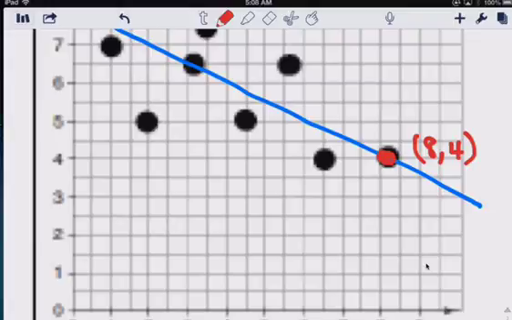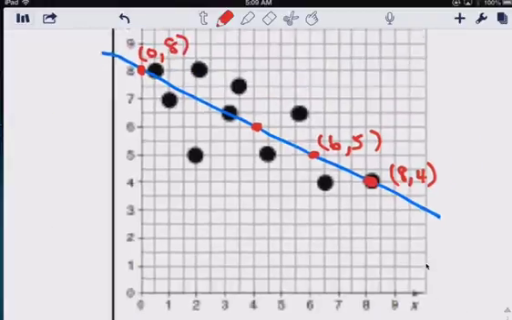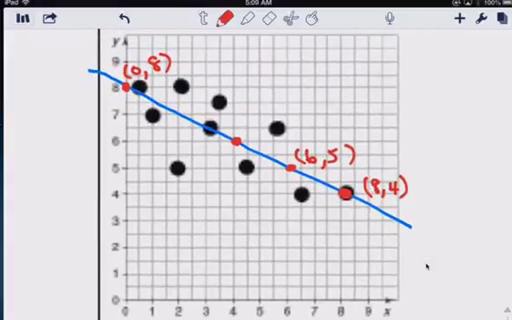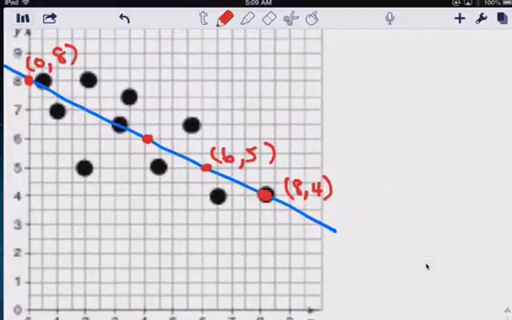I can also choose here 6, 5. If I have to, go ahead and use the decimal, but in this case I don't have to. Let's use these two numbers here.